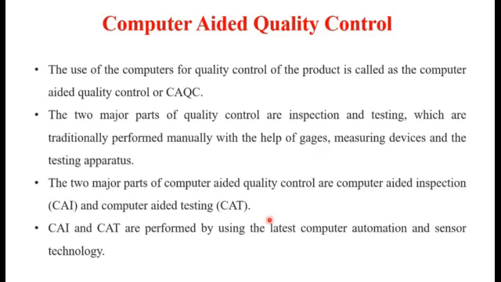The two major parts of quality control are inspection and testing. These are traditionally performed manually with the help of gauges, measuring devices, and testing apparatus. Conventionally these are performed manually, but nowadays these two major parts of computer aided quality control are computer aided inspection, CAI, and computer aided testing.